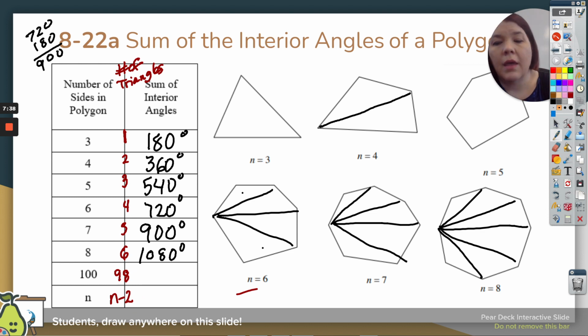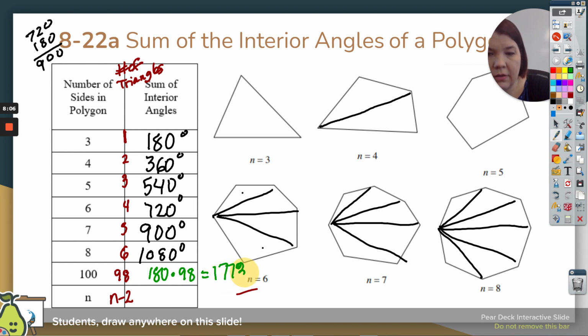And so then this will be 180 times 98, and give me a second, calculator. Just have to find one. 180 times 98 is 1777.